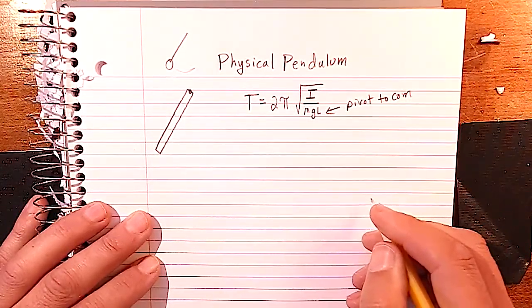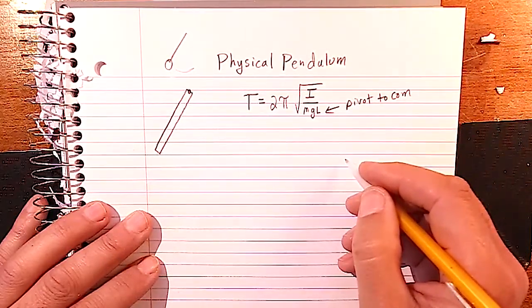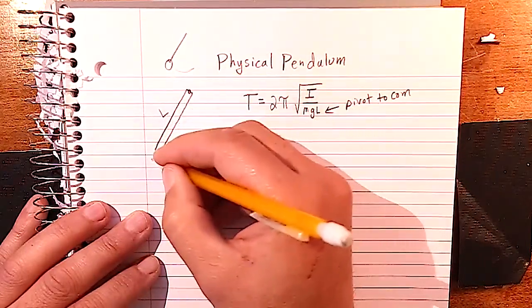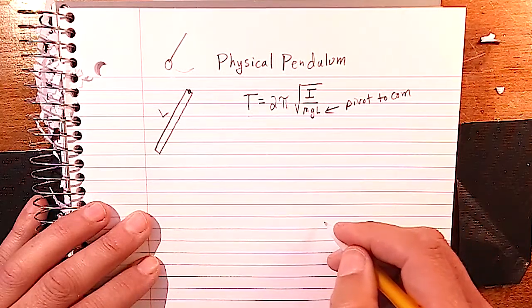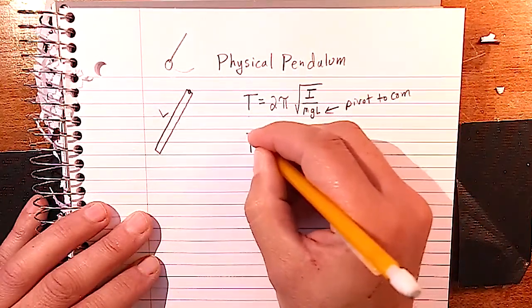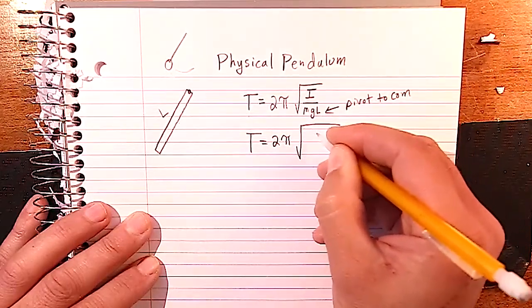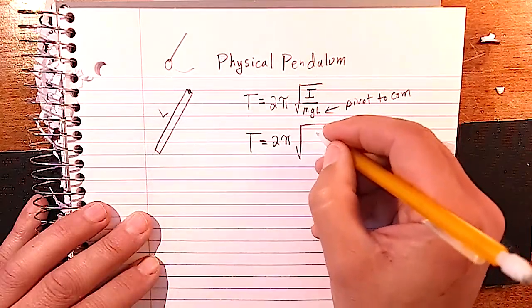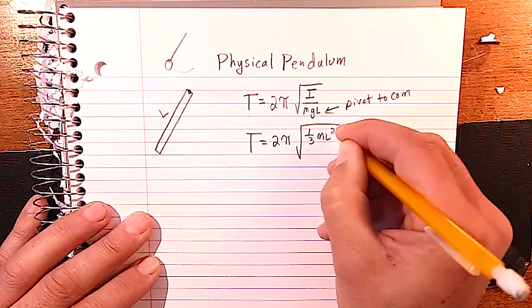So let's go ahead and just do this really quickly for one example. It's a pretty easy formula to do this for. But let's say we have a rod of length L, and we want to figure out the formula for the period. Well, all we do is put in 2 pi, and then what's I? Well, that's the I of a rod spinning about its end, and we know that that is 1/3 mL squared.